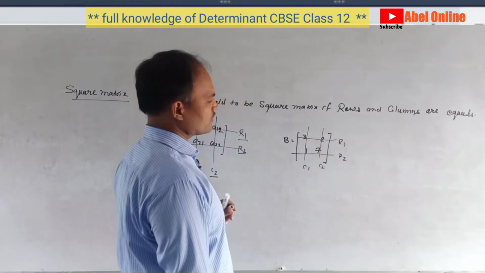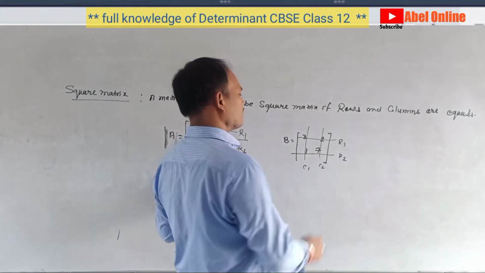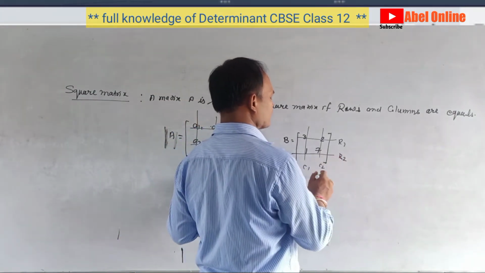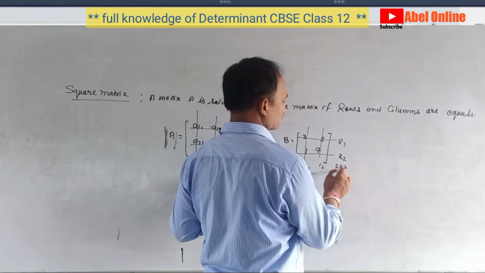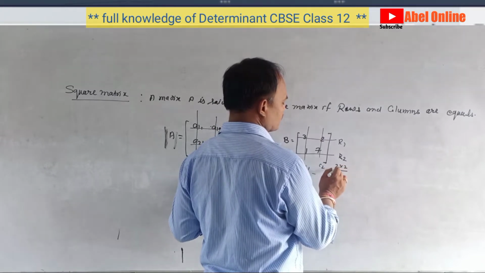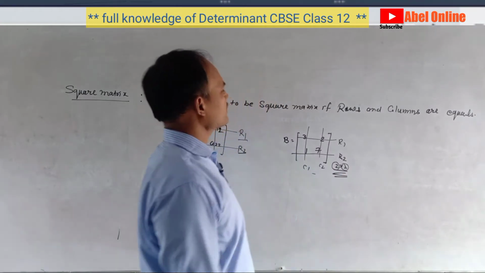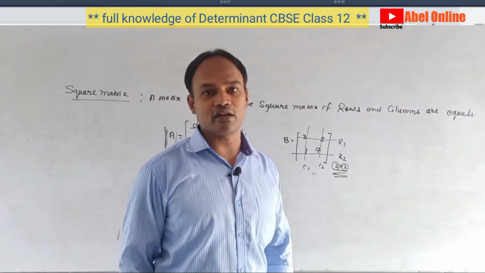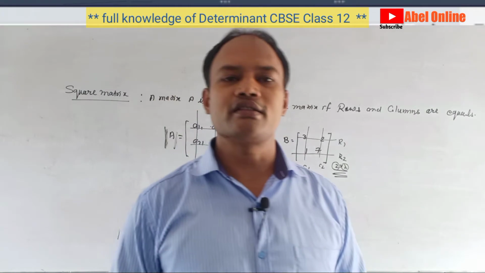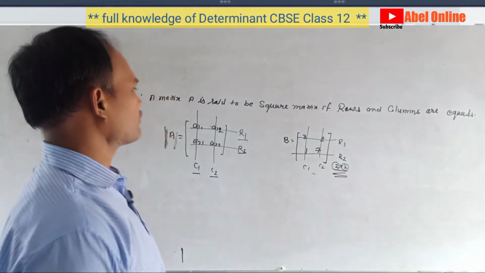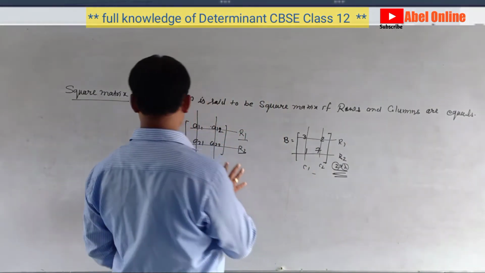So this is a 2 cross 2 matrix, the rows are 2 and the columns are also 2, so both are equal. If rows and columns are equal, it is a square matrix. Okay, so this is the theory of square matrix.